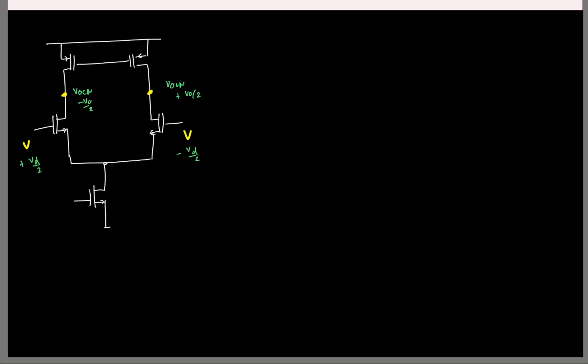If I take the difference, I'll get only V0 by 2, right? I want the DC potential there. Adding is not completely correct, because if I add them, I'll get 2 times VOCM. I want only VOCM. What should I do? I'll have to average them.